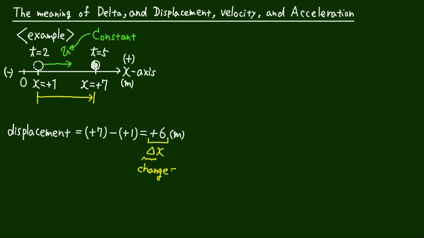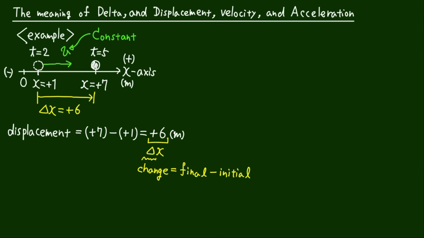In physics, delta, meaning change, is the later quantity in time minus the earlier quantity in time. This is the definition. So the coordinate changed from x equals +1 to x equals +7. If we were to write this displacement of +6 here, delta x is +6. We can write it in the diagram like this.